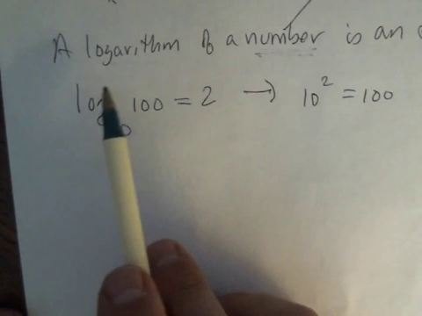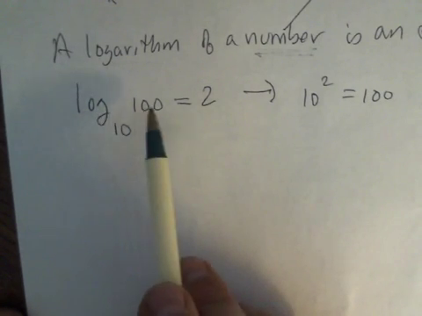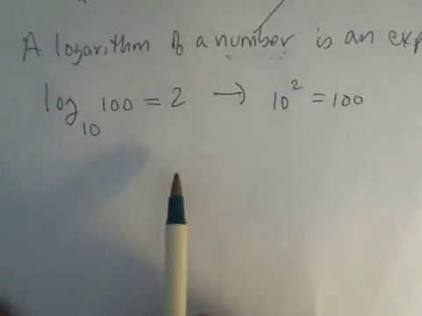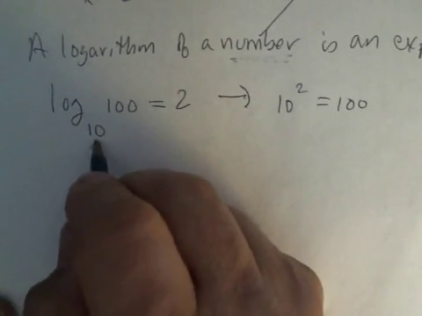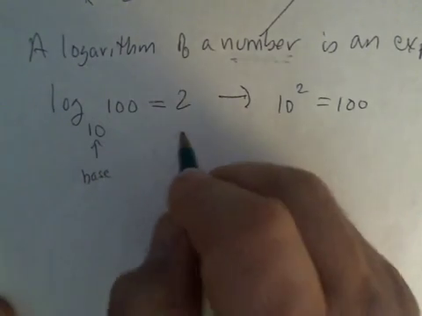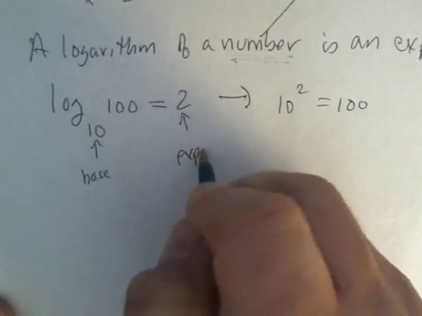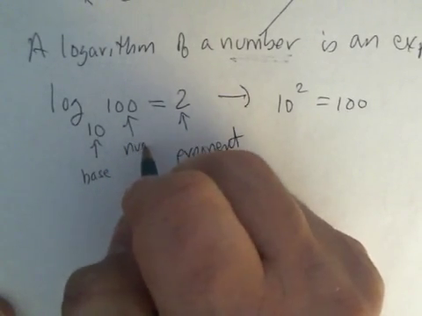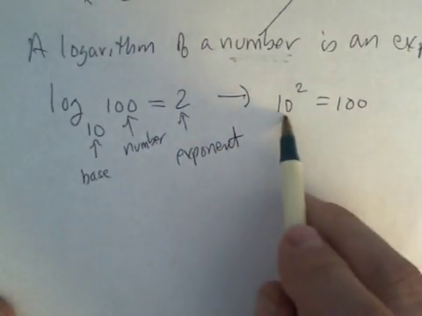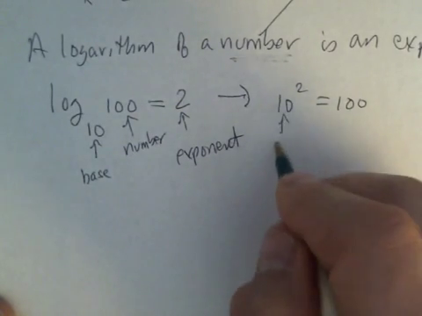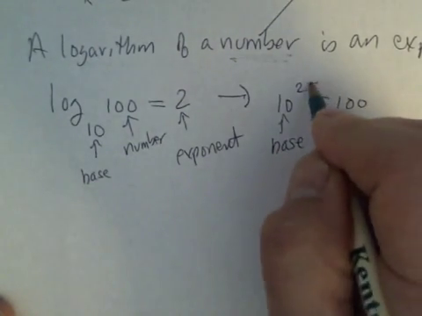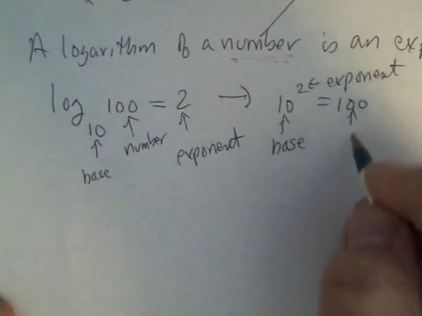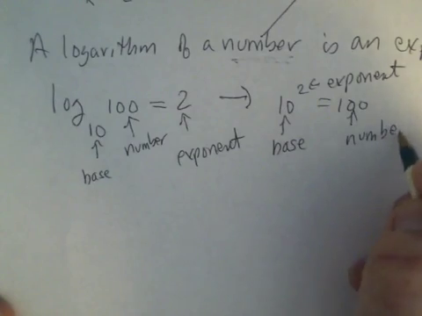So the logarithm of a number gives us the exponent. And if you look at a logarithm, you still have what we call the base, the exponent, and the number. Same thing here: the base is 10, the exponent is 2, and the number is 100.